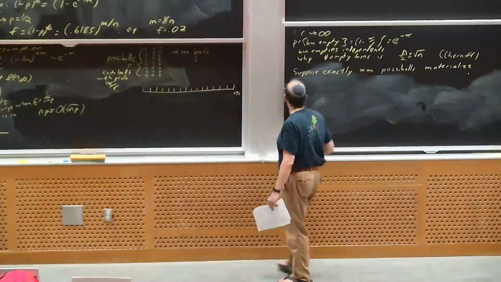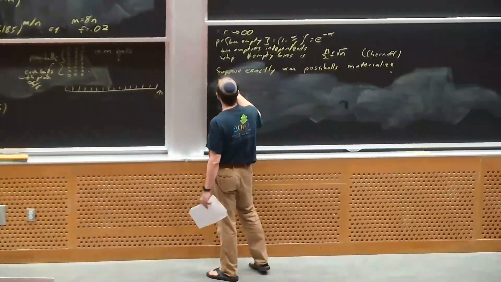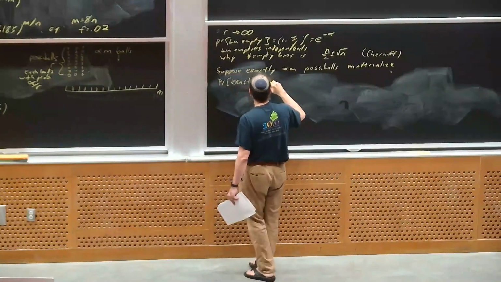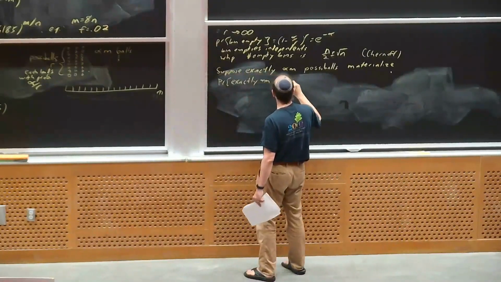Now, what is the probability that exactly alpha m possiballs materialize?